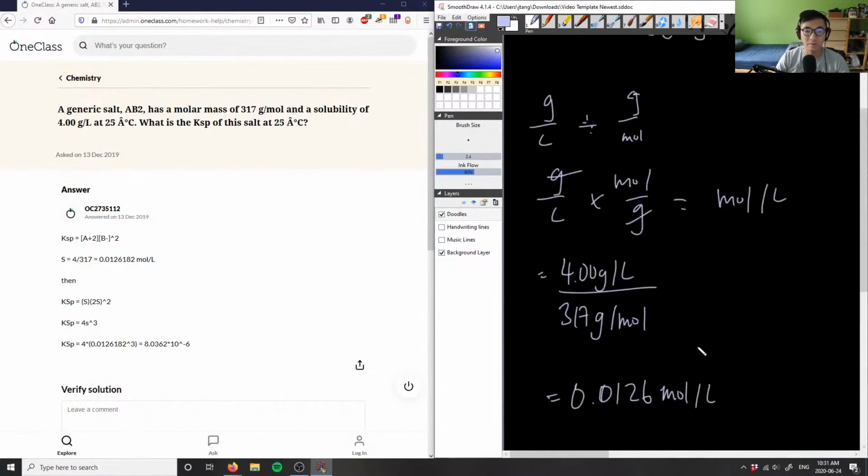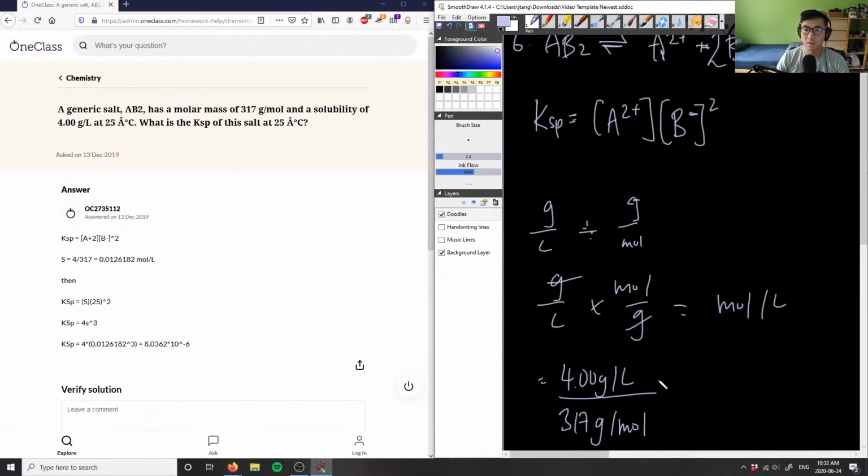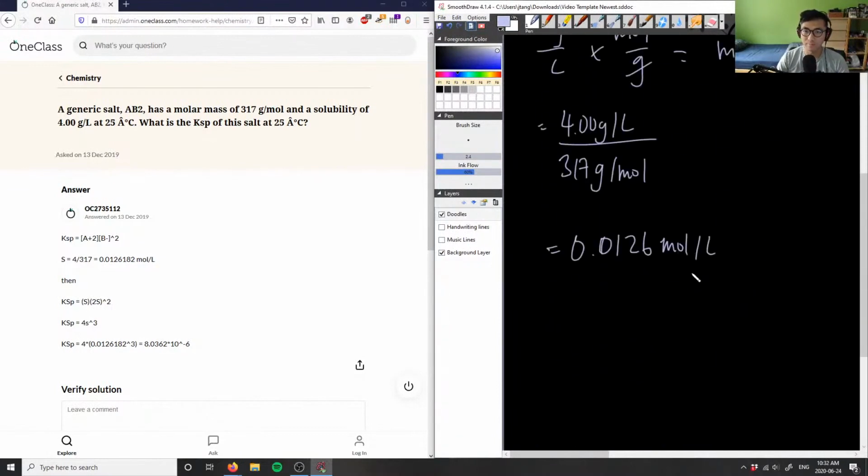Now we can sub this concentration into our Ksp formula.